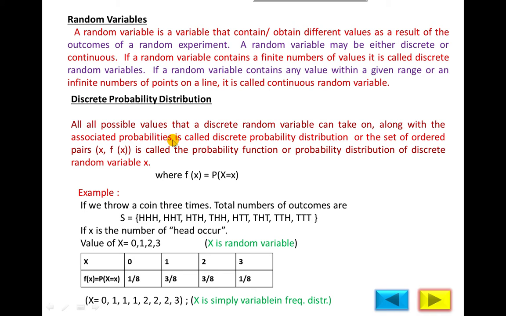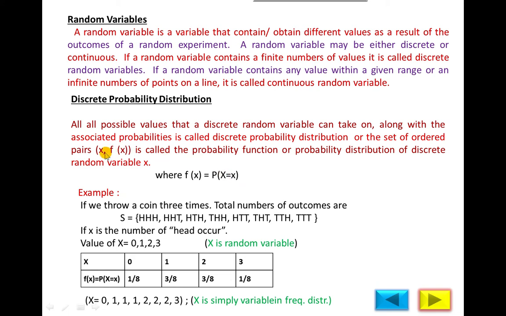In frequency distribution we represent the value of x with the corresponding frequencies, but here, along with the associated probabilities, it is called a discrete probability distribution, or the set of ordered pairs. Ordered pair means value of x and probability of x. Probability of x is also represented by f of x, where f of x is the probability that X is equal to x.